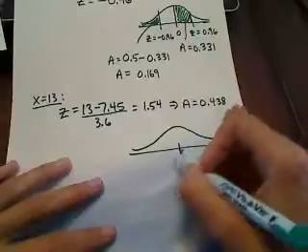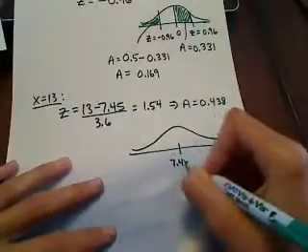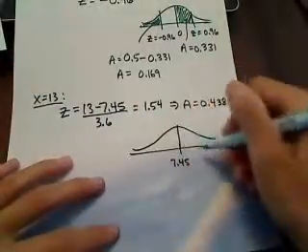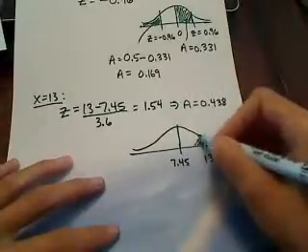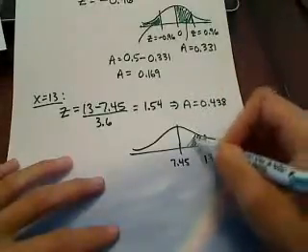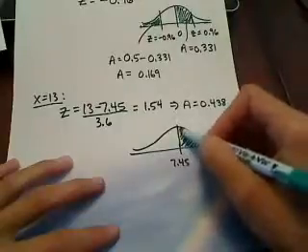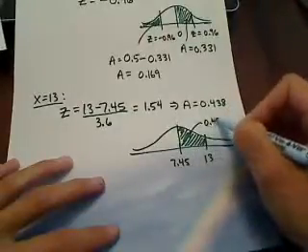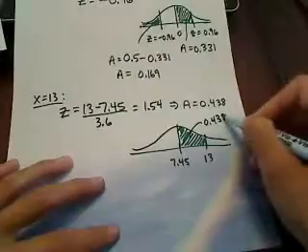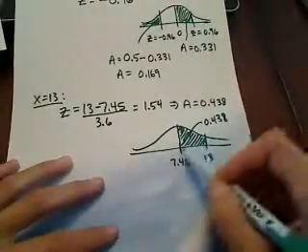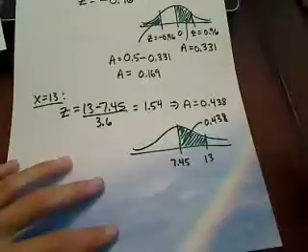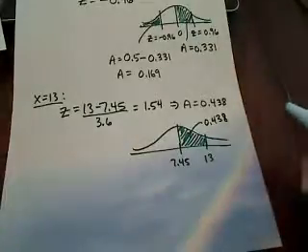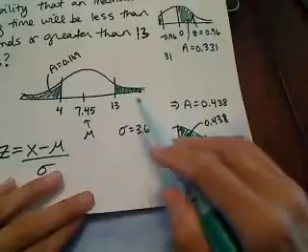Let me go back to the chart here. If I have my 7.45 and here's my 13, this area of 0.438 is actually referring to this area right here, between the x equals 13 and the 7.45. But on our picture, we actually want this area that's to the right here.